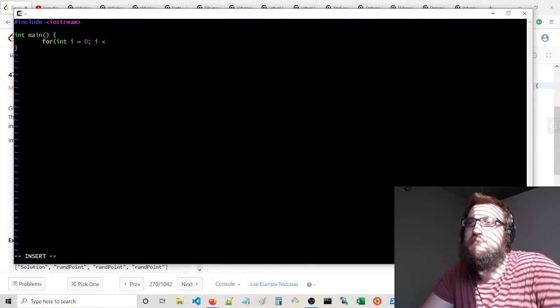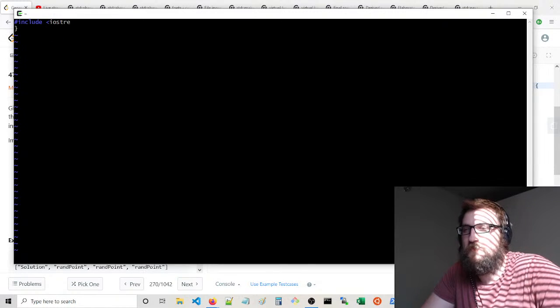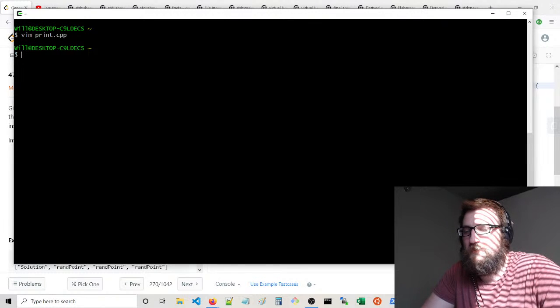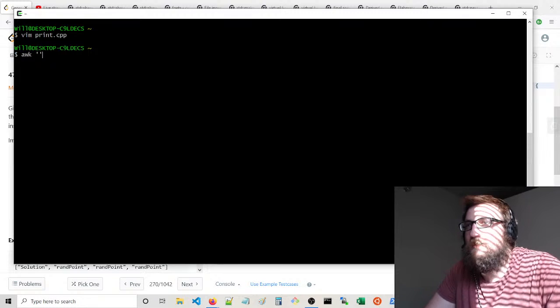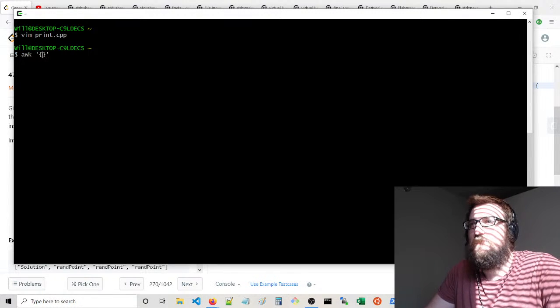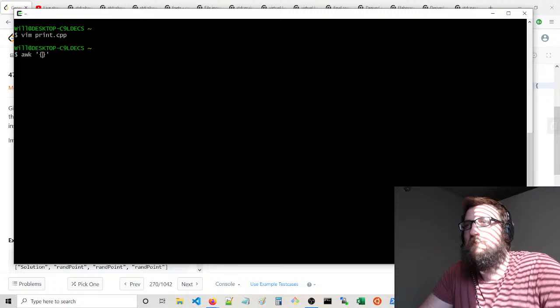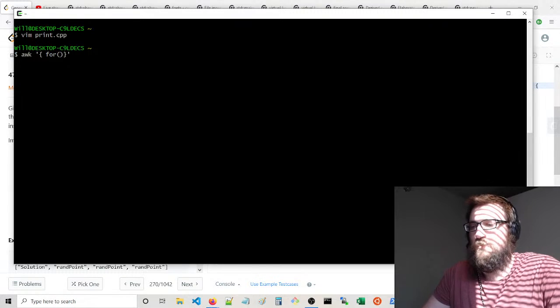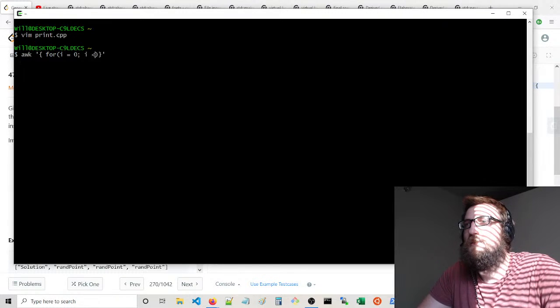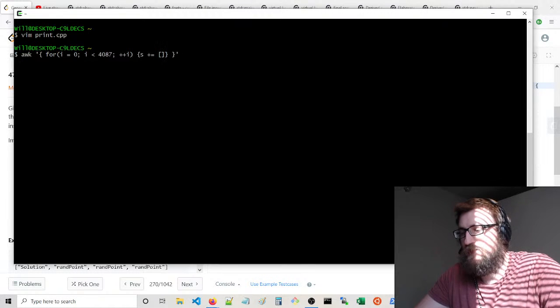You can actually use awk for this too. You don't even need a C++ program. Let's use awk. Awk, right? Say for i equals 0, i is less than 4087, plus plus i, we're going to say s plus equals this string.